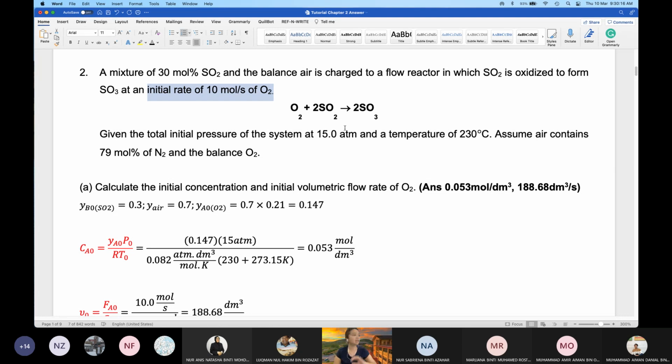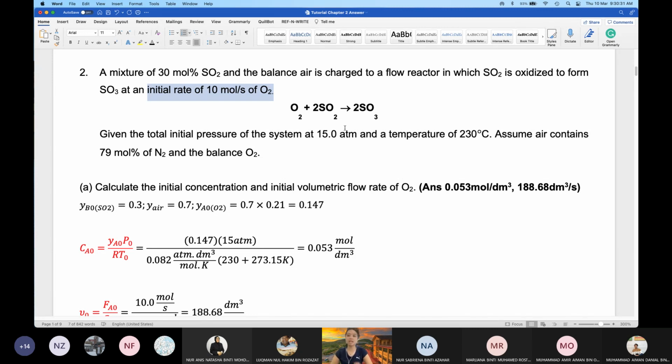But normally kita akan calculate dalam bentuk ABC, right? We always calculate FA0, CA0, so on and so forth. So how do we know which is A, B, C and D? As I told you, our A is always the limiting reactant.